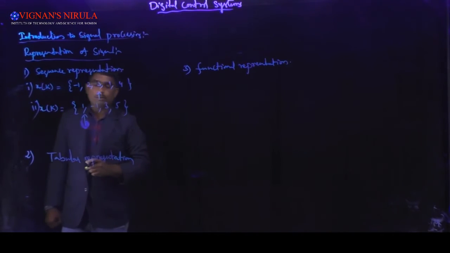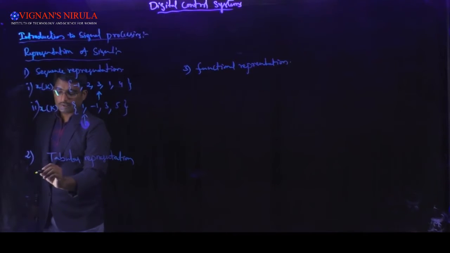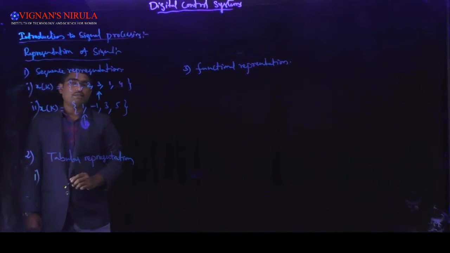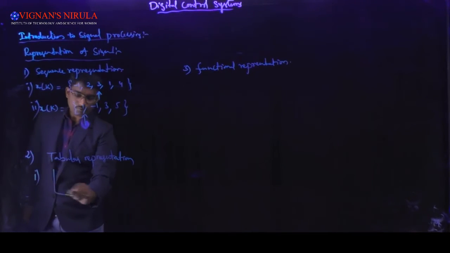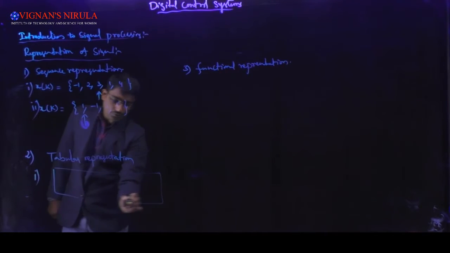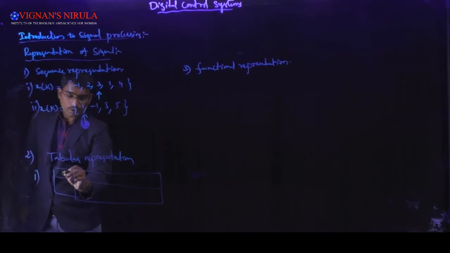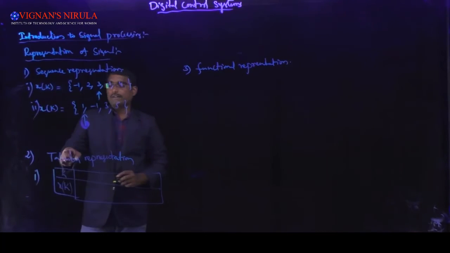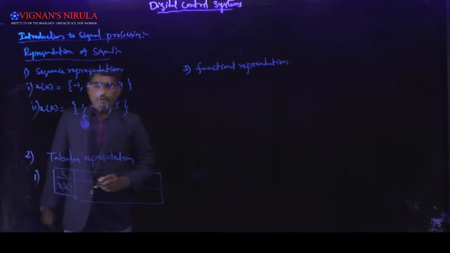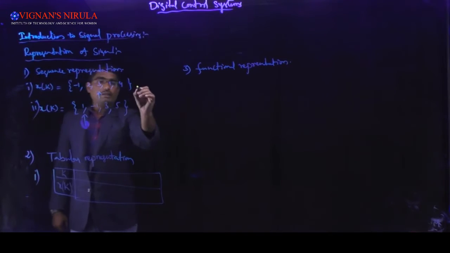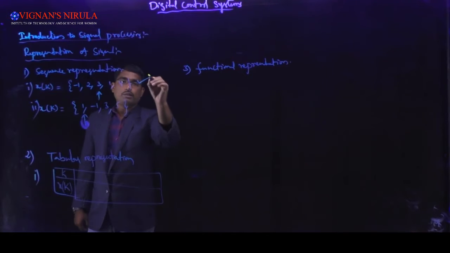Next, tabular representation. If we put the first signal in tabular representation, we will have two rows, k and x of k. For k, I am putting the instants -2, -1, 0, 1, and 2.